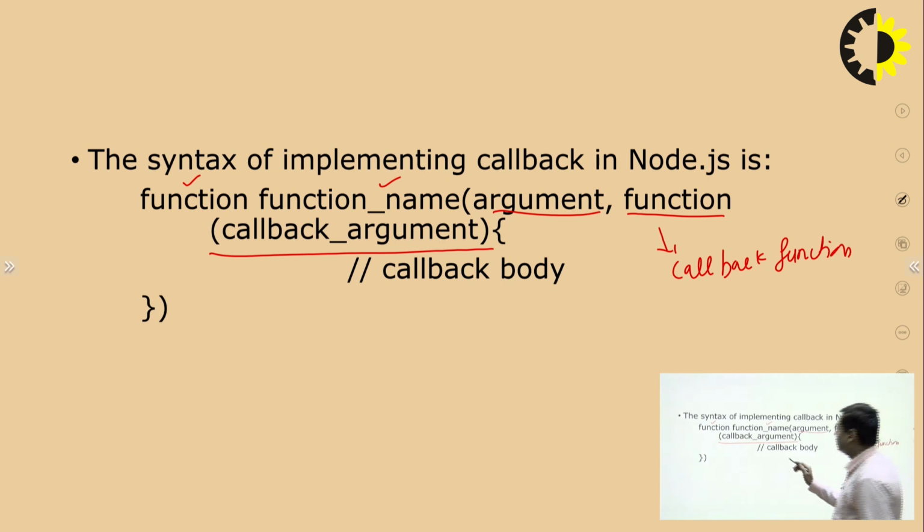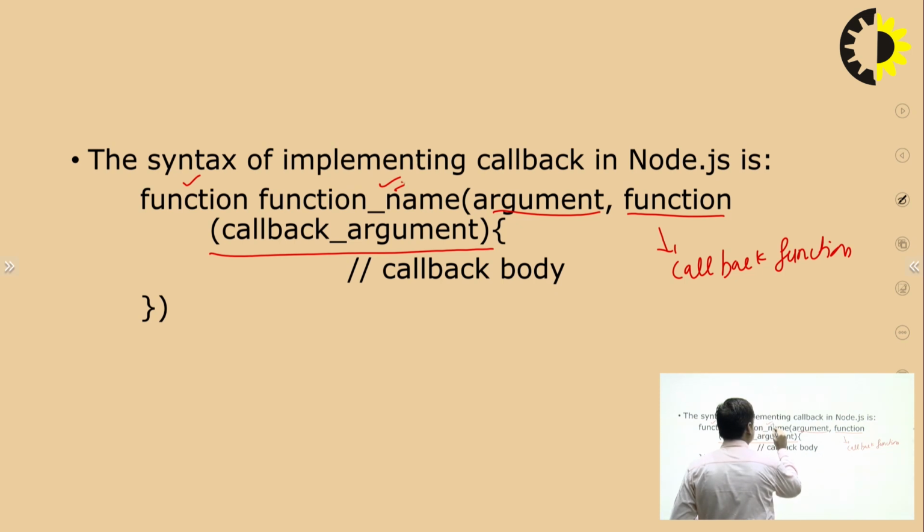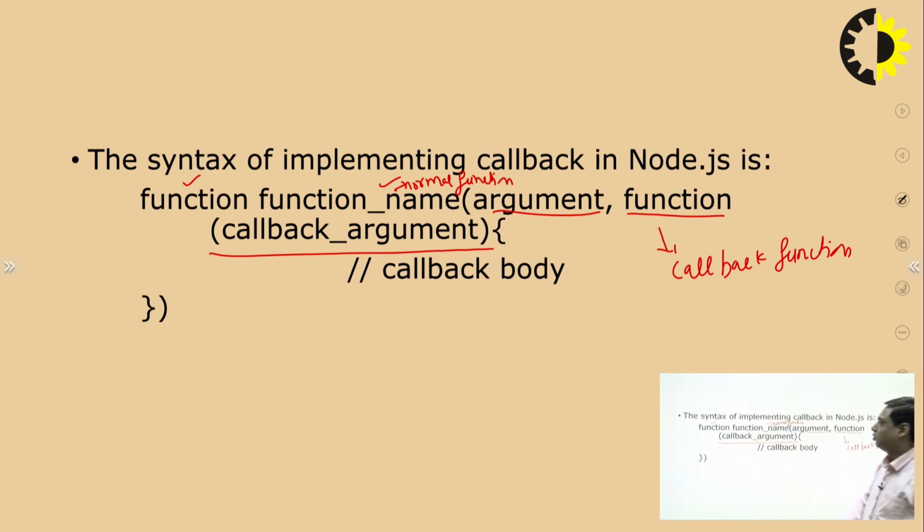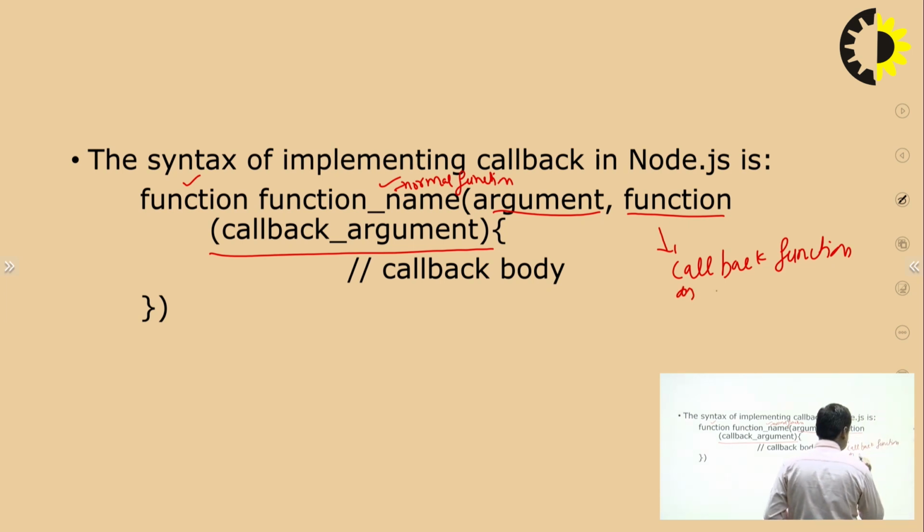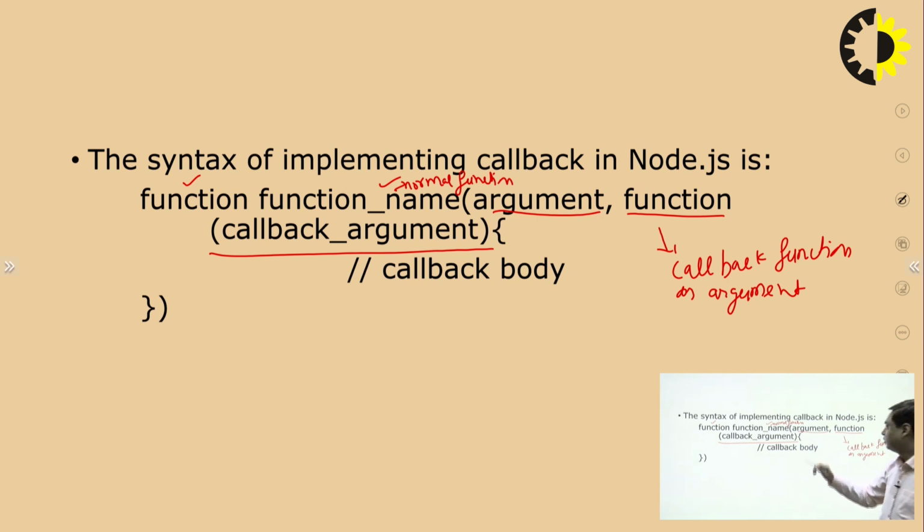So it is a normal function, and in this normal function we are passing the callback function as an argument. See, very important part. So it is a normal function.